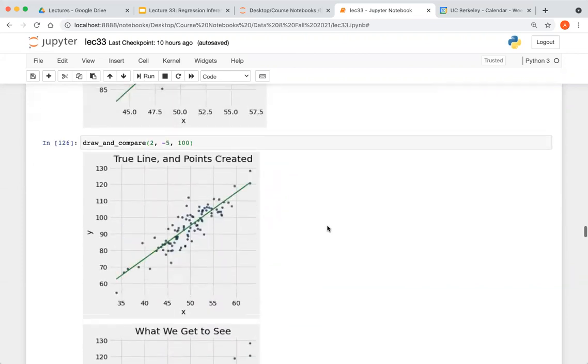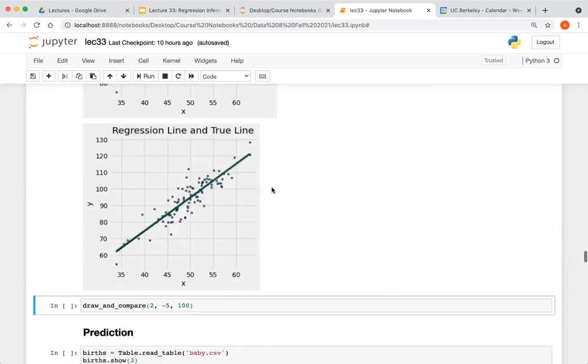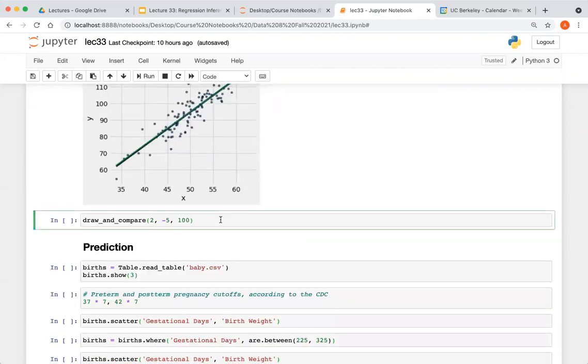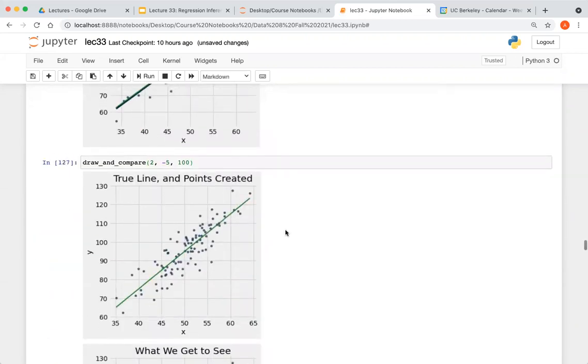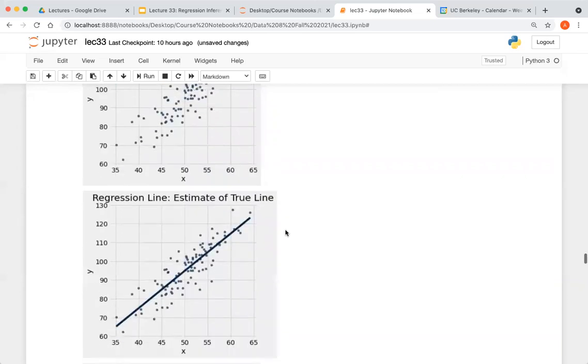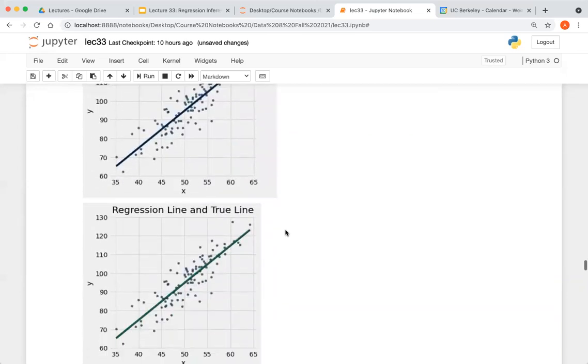Let's run this again and see how far off we can be. Okay, so here we have another set of 100 points. We put a line through it. And once again, it's pretty close. And so what are you learning from these pictures? That if your data actually come from the regression model, if the regression model makes sense for your data, and you have quite a large amount of data, then your regression line is a pretty good estimate of the true line.